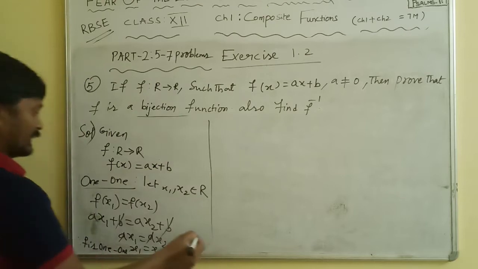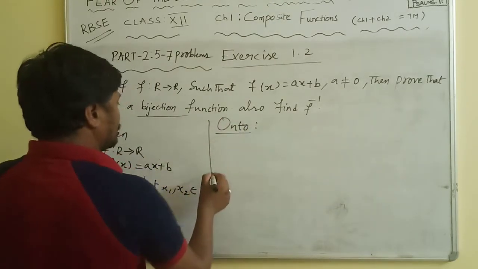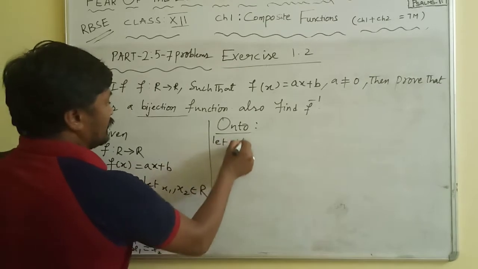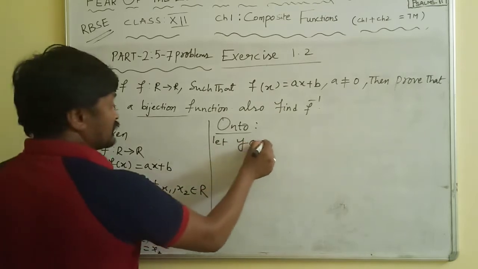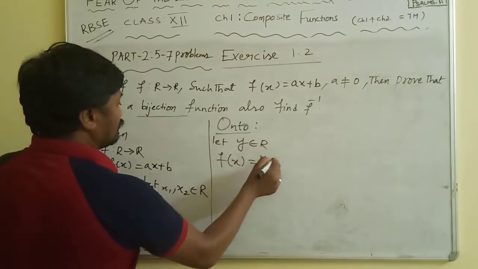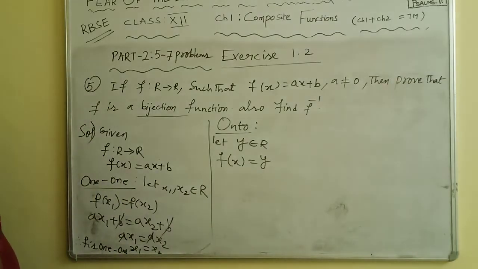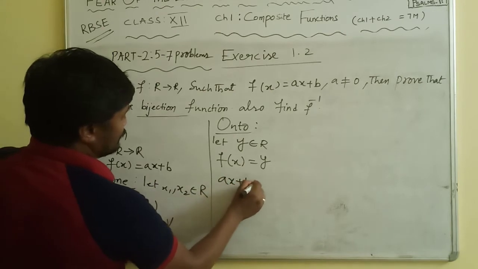Then we go for f is onto. Now for an onto function, first let y belong to R. Then we can write f of x is equal to y. So what is f of x in this place? ax plus b is equal to y.